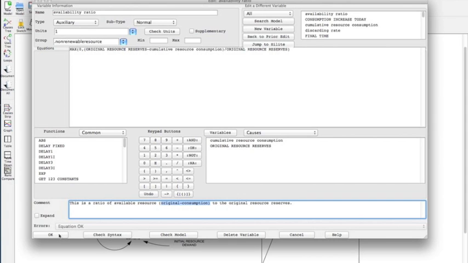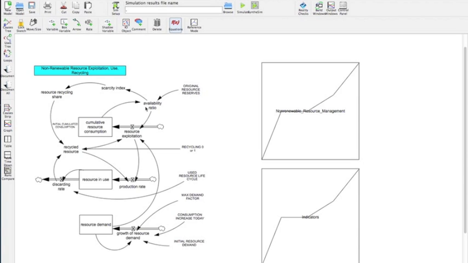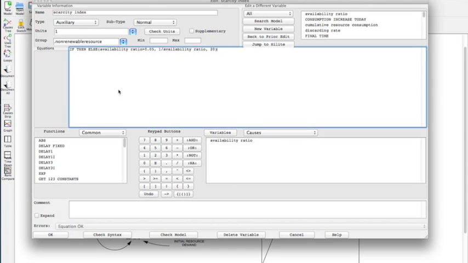So this availability ratio allows you to compute a scarcity index. Now this scarcity index is used primarily to set a boundary, like a flag that tells you that you're running out of resources.